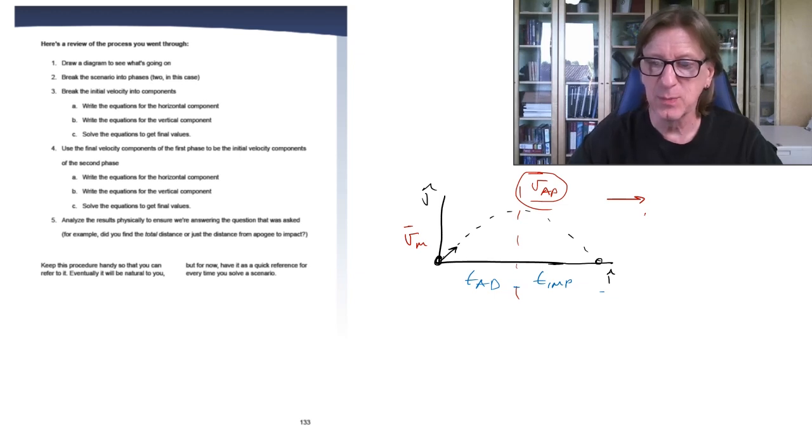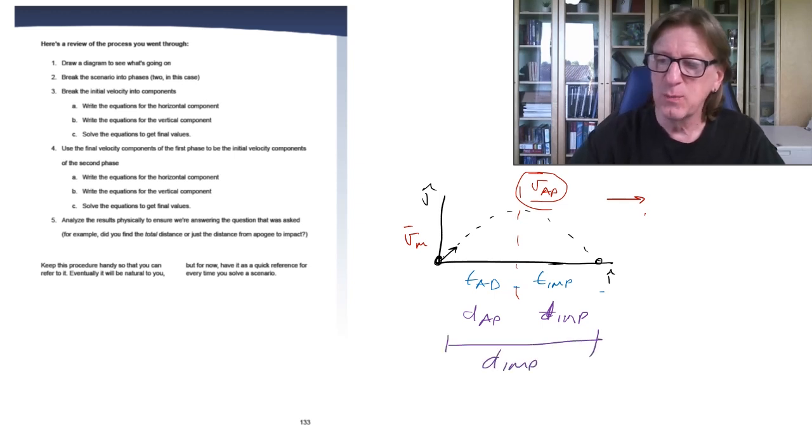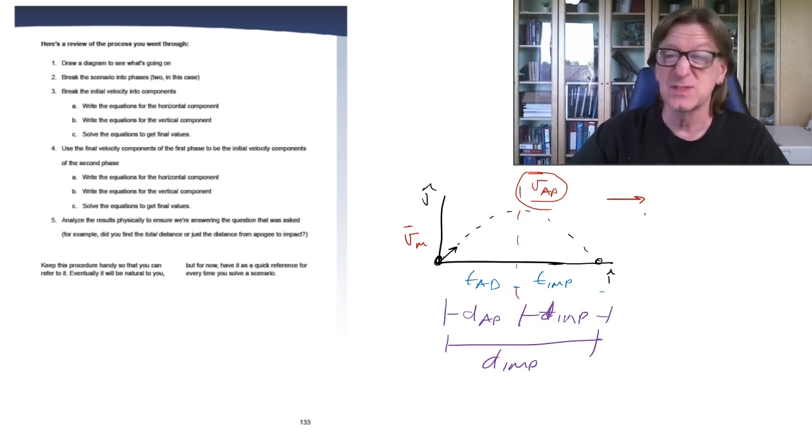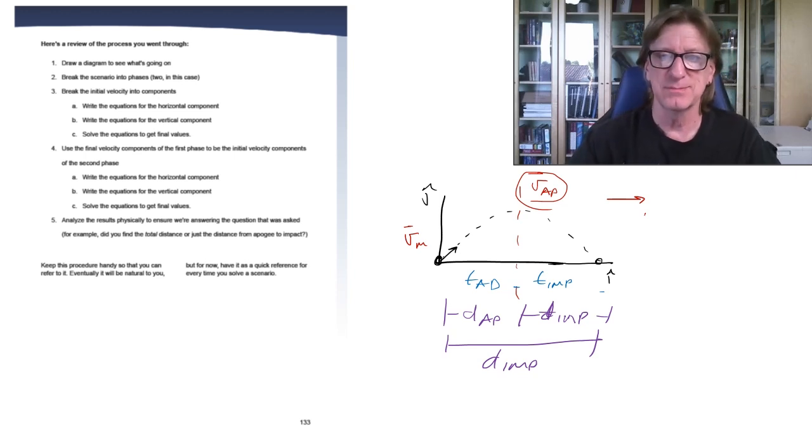Let's do that in purple. So the question then becomes, if this is D app, is this D impact, or is this D impact? And we realized that we could do either one, that it simply depended upon how I wanted to set up the problem. So make sure that what you're doing makes sense physically.